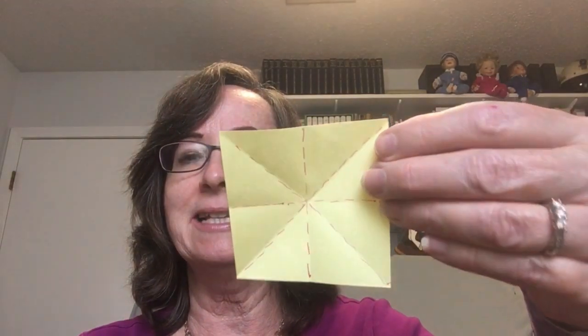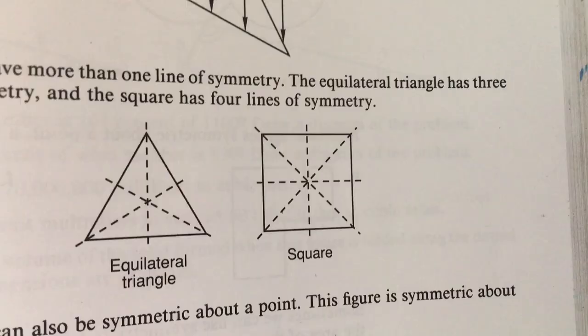So there is my fourth line of symmetry. Okay, so I'm going to make another dashed line there, and we have made a figure just like the one that is in our textbook.